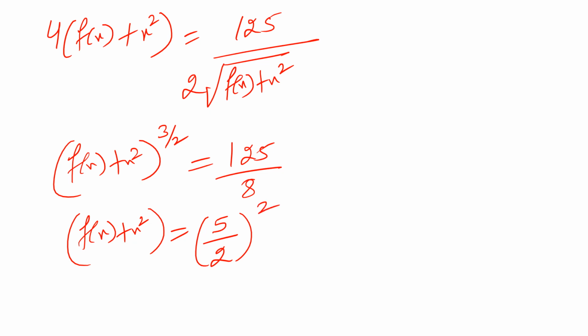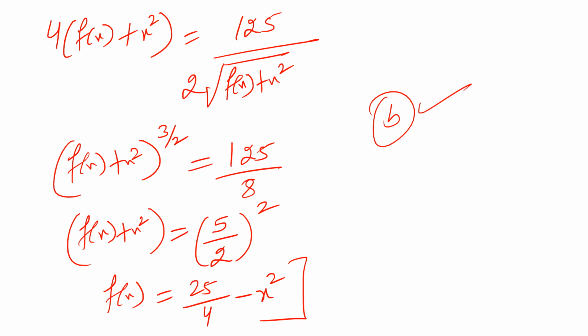I have taken power 2 by 3 on both the sides, or you can even do the squaring on both sides first of all and then take the cube root. Now clearly f(x) becomes 25 by 4 minus x square. So that means there is only one such function. Fine. Hence the B option is the correct one.